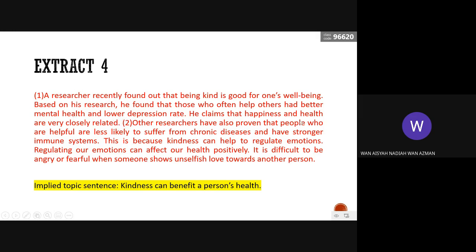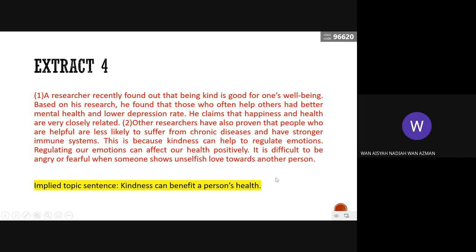The second supporting detail will be this one: other researchers have also proven that people who are helpful are less likely to suffer from chronic diseases and have stronger immune system. And this one is just elaboration, so we count this as the same supporting detail.